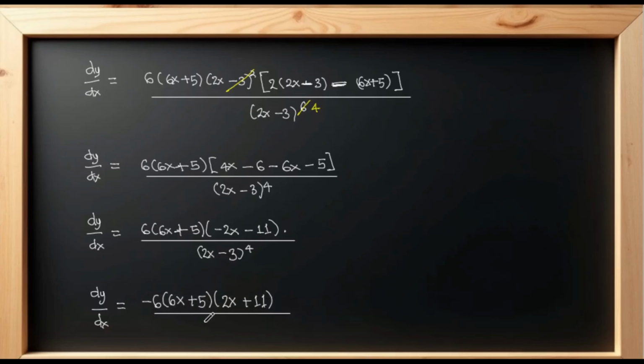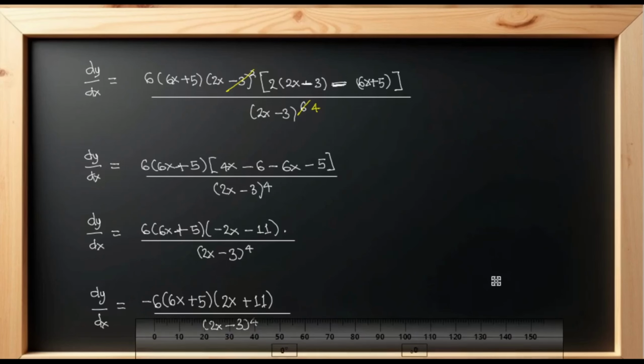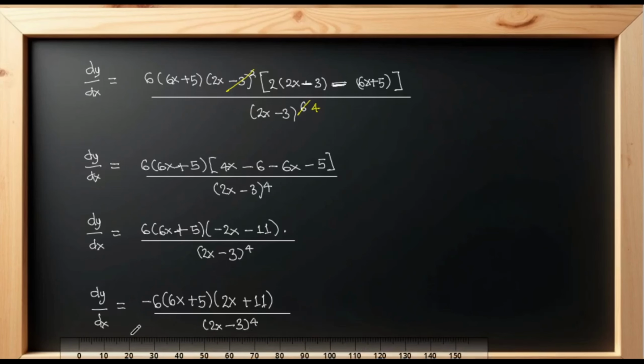So our denominator is still 2x minus 3 raised to the power 4. And that is the derivative of the third part of this question.